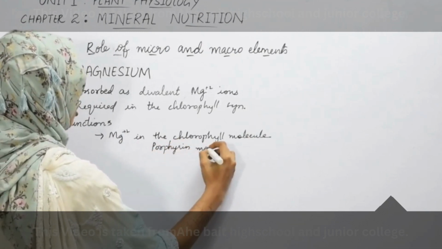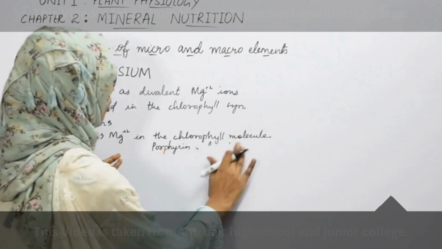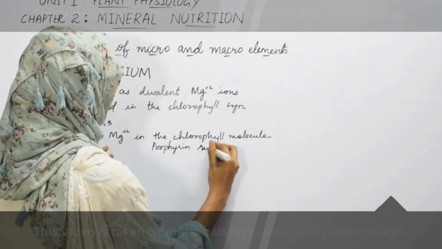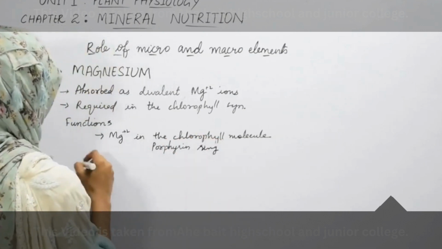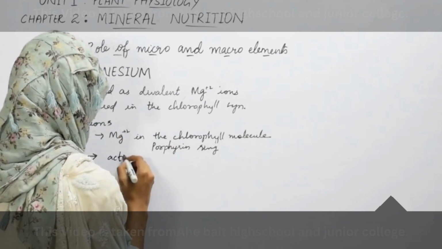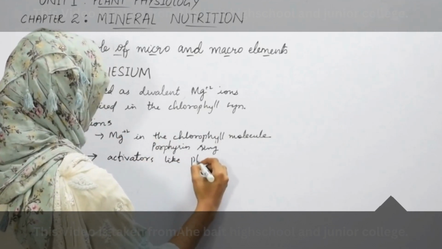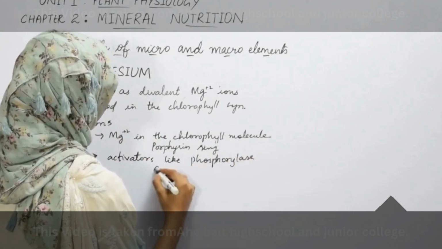The magnesium ions are essential to be present in the porphyrin ring of the chlorophyll molecule, and they also act as activators for certain enzymes like phosphorylase and carboxylase.